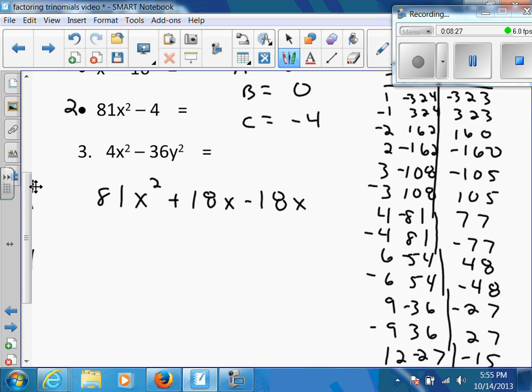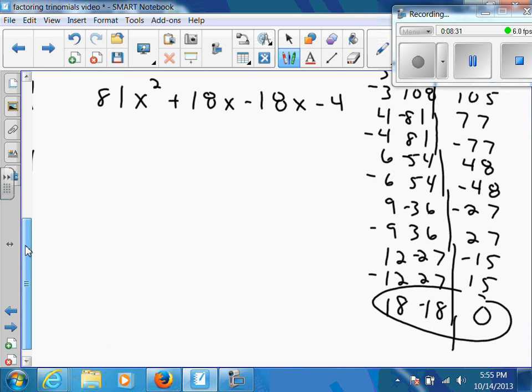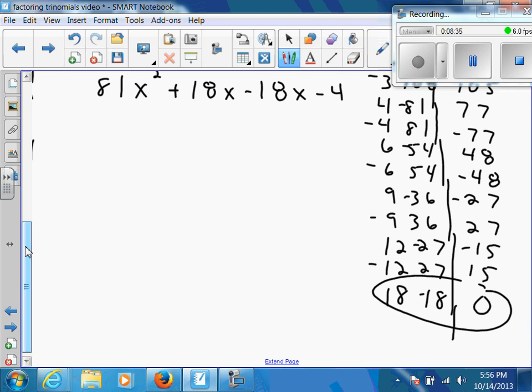Now I want to factor by grouping. So I'm going to make my factor trees and my prime factorization. 81 is 3, 3, 3, 3, x, x. 18 is 2, 3, 3, and 4 is 2 and 2.